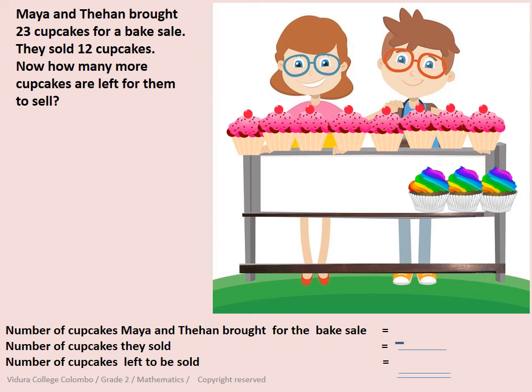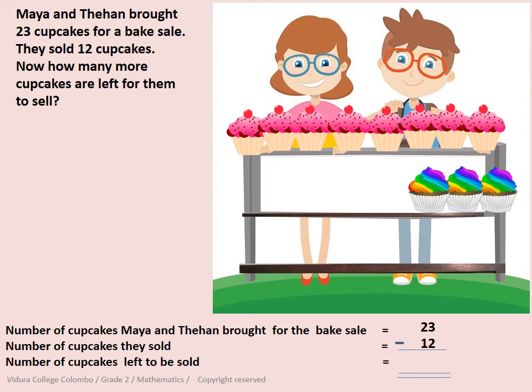Number of cupcakes Maya and Tehan brought for the bake sale is 23. Number of cupcakes they sold is 12. Now let's try to find the answer by subtracting 12 from 23.